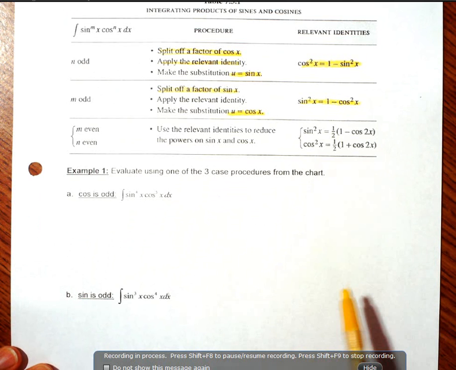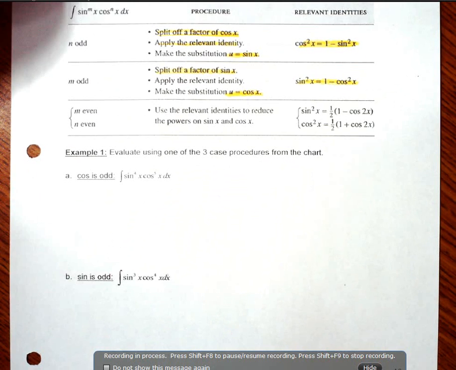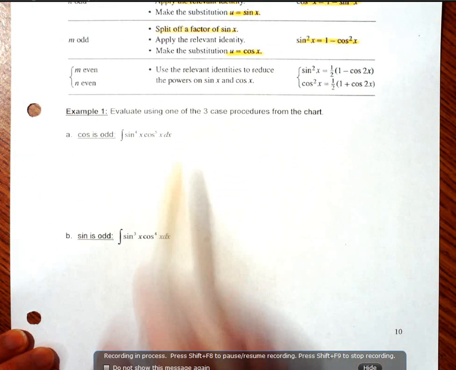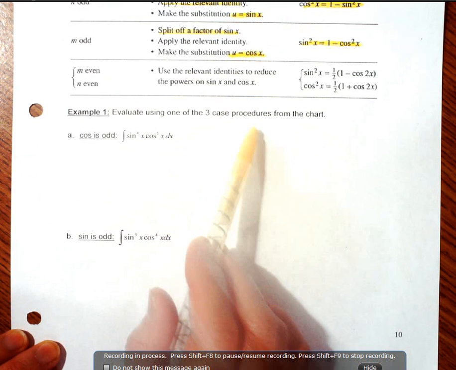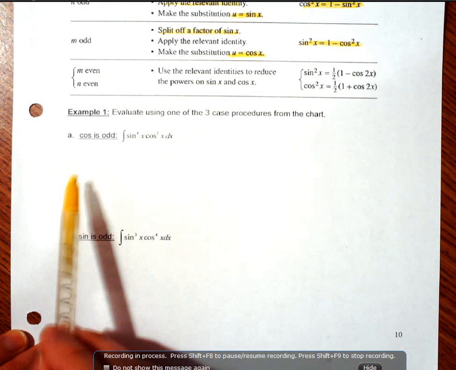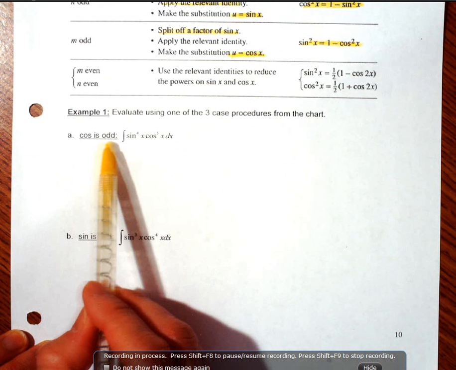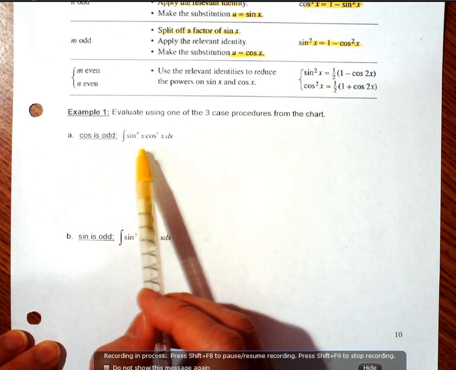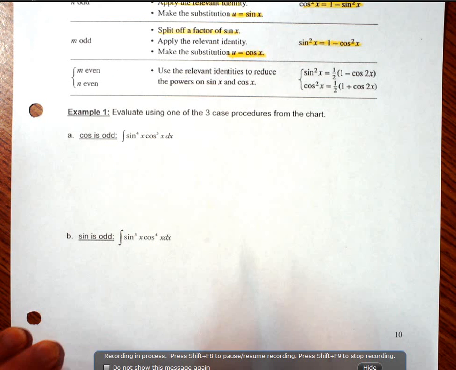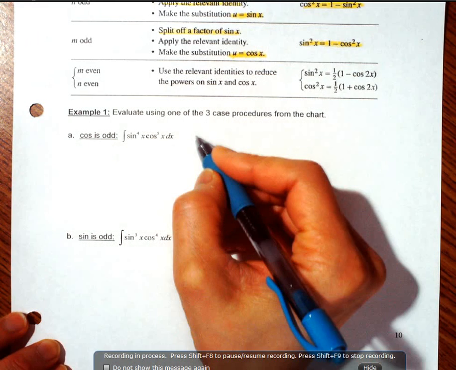So let's go through our first example, where we evaluate the integral using one of the three case procedures from the chart. Here cosine is odd. So first, rewrite the power that is odd.